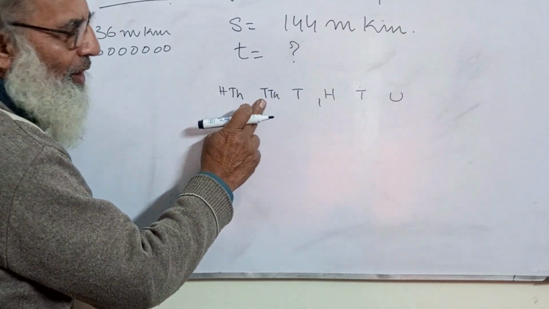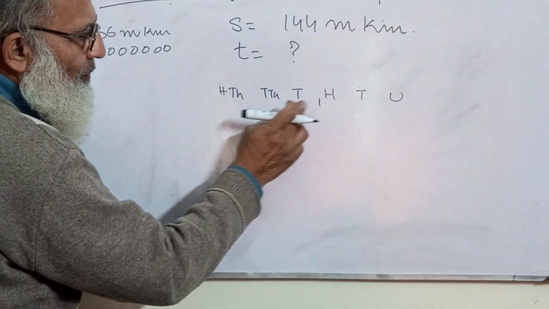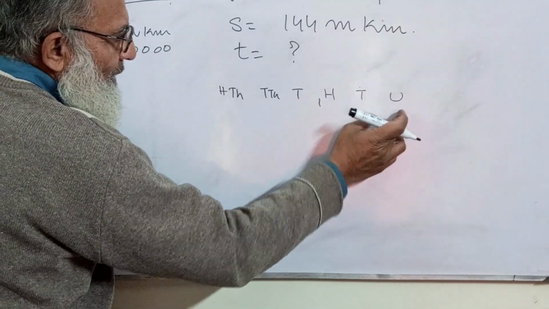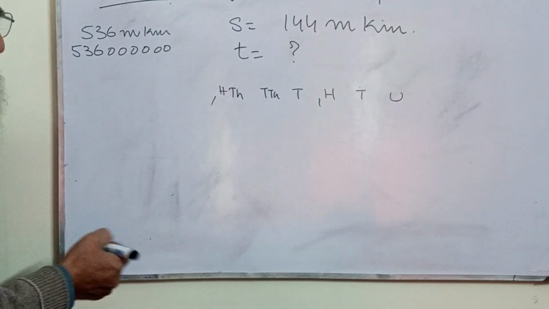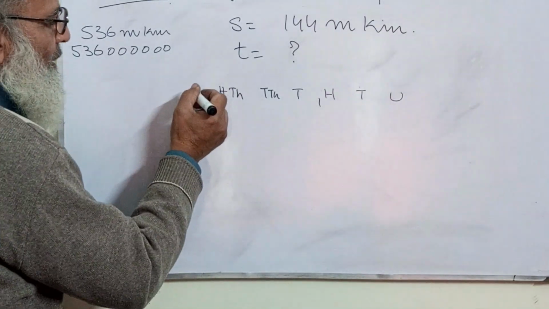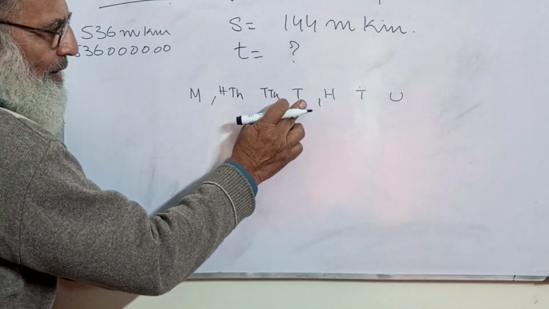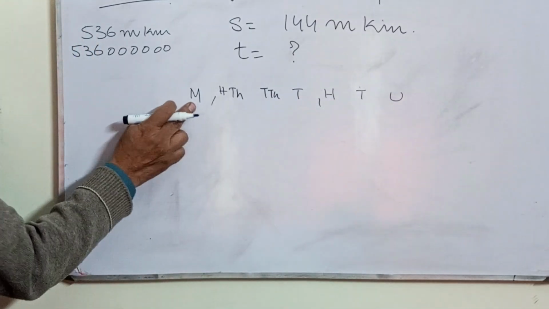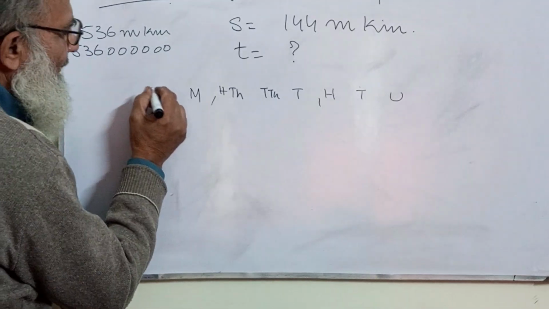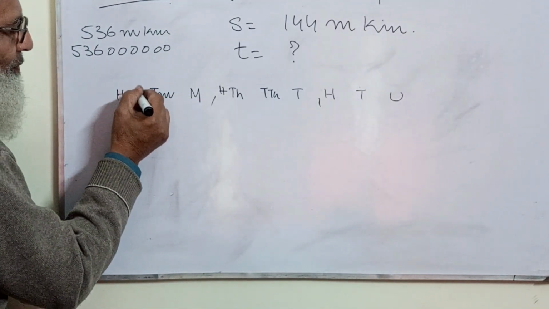This is the unit for thousand, this is 10 for thousand, this is 100 for thousand. Now what is coming next is million. Again, you see unit for million, 10 million and 100 million.